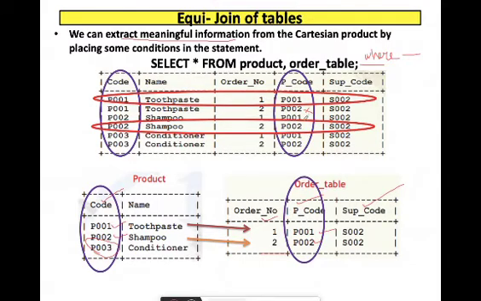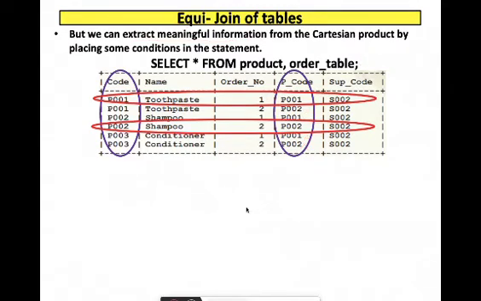P002 is not matching with this, so will not. Here it is matching. Here it is not matching. This is not to be picked. This is not to be picked. So wherever the value of the common column in both the tables is equating or matching, those rows are to be picked to extract meaningful information. From that, whatever information will be extracted will be meaningful. Let us see how.